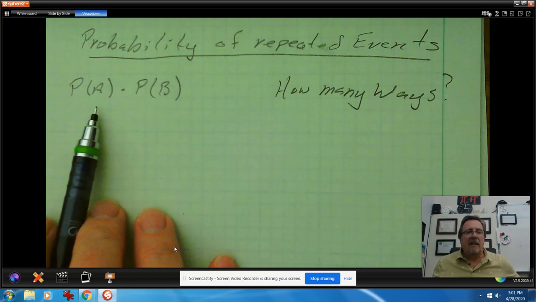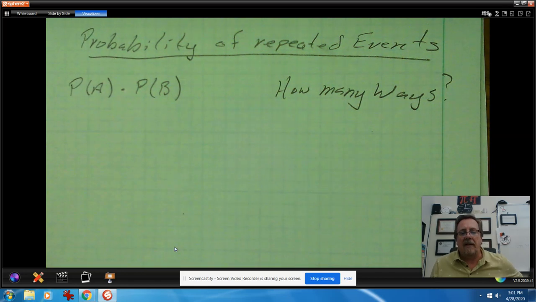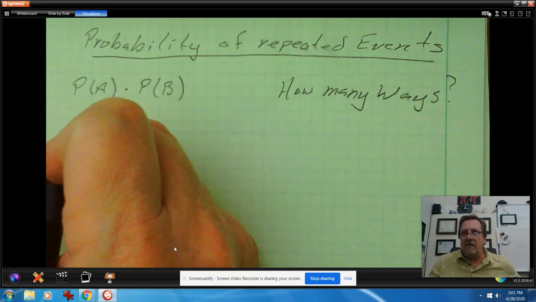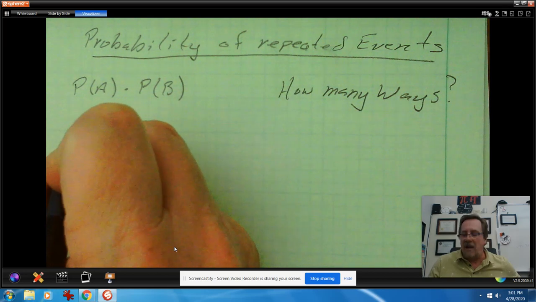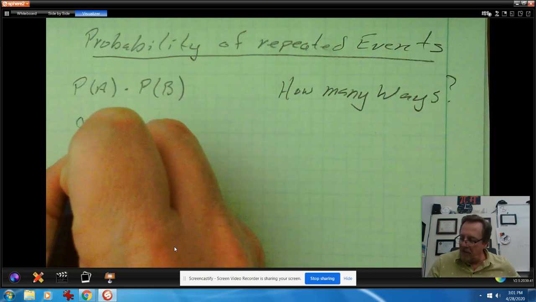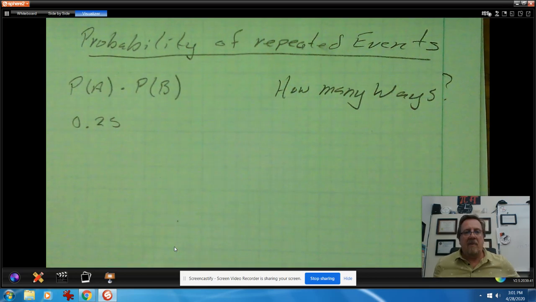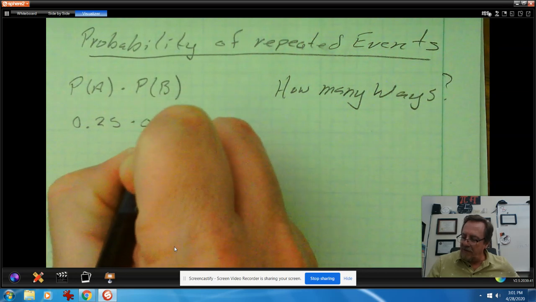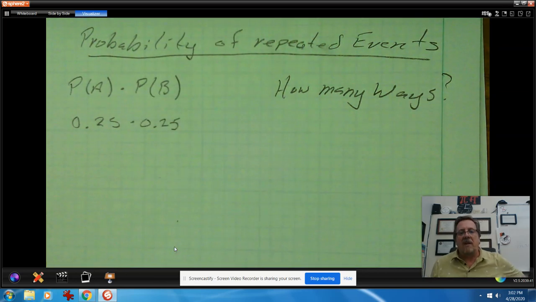Remember, the probability of an AND event was the probability of one thing times the probability of the second thing occurring. The same thing is going to happen here. If you're given a problem that says the probability that it's going to rain today is 25%, as a decimal that's 0.25. And if the probability that it's going to rain tomorrow is also 0.25, I could multiply both together to find the probability that it's going to rain on both days, today and tomorrow.